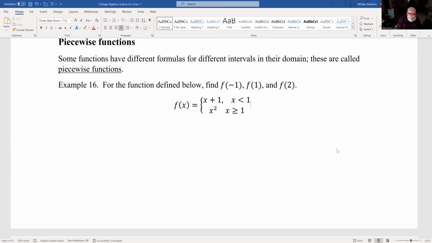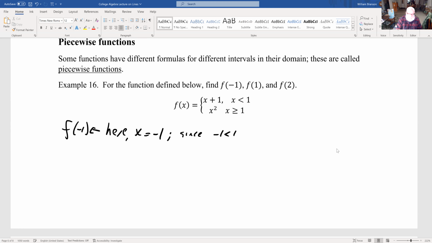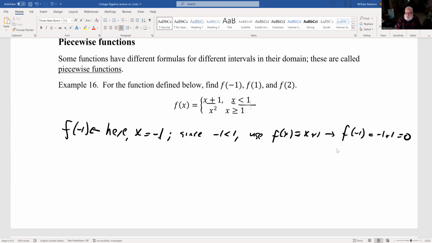So minus 1 is less than 1. So that means we use this formula. And that gives me f of minus 1 is minus 1 plus 1 equals 0. So if I plug minus 1 into this formula, I just get 0 out.